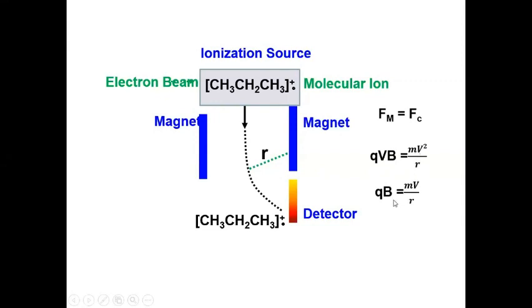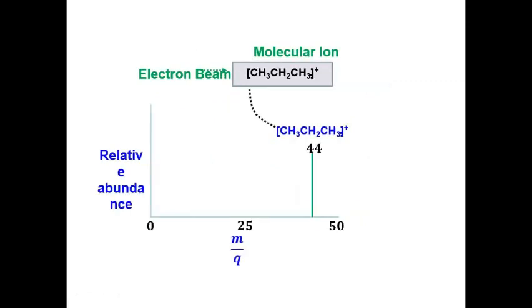Then the velocity from both sides will cancel, and we have this equation. Finally, we can determine the radius of the molecular ion path in the mass spectrometer, and if we determine the radius, we can determine the mass of any molecule put in for analysis.